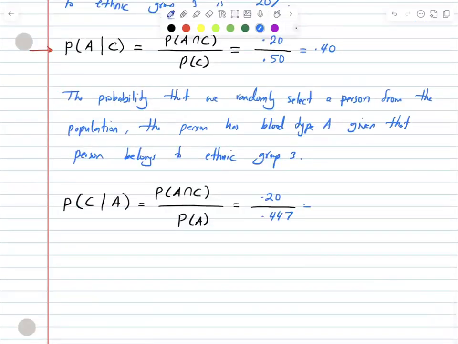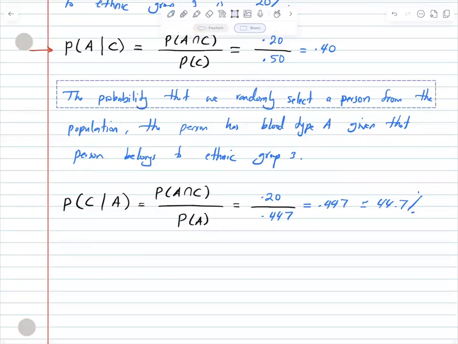Let us do the division. Okay, we have about 0.447 or about 44.7%.